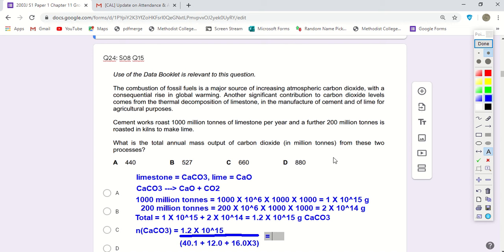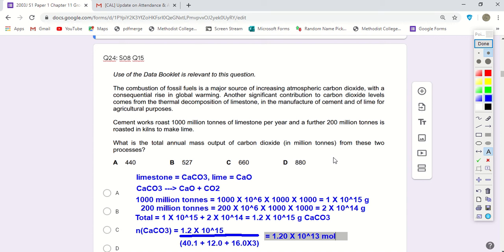Okay, I get 1.2 times 10 to the power of 13 mole.